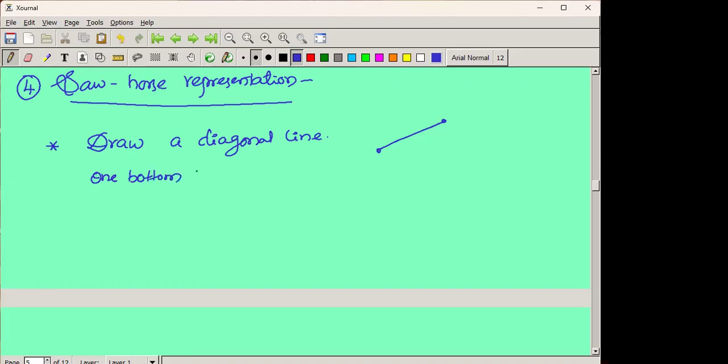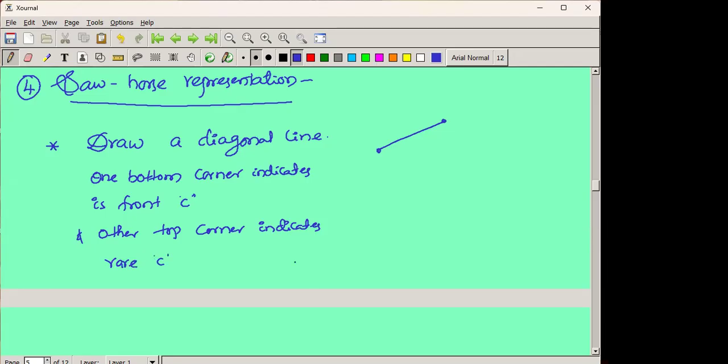The bottom corner indicates the front carbon, and the other top corner indicates the rear carbon. One is a front carbon atom, the other one is a rear carbon atom.